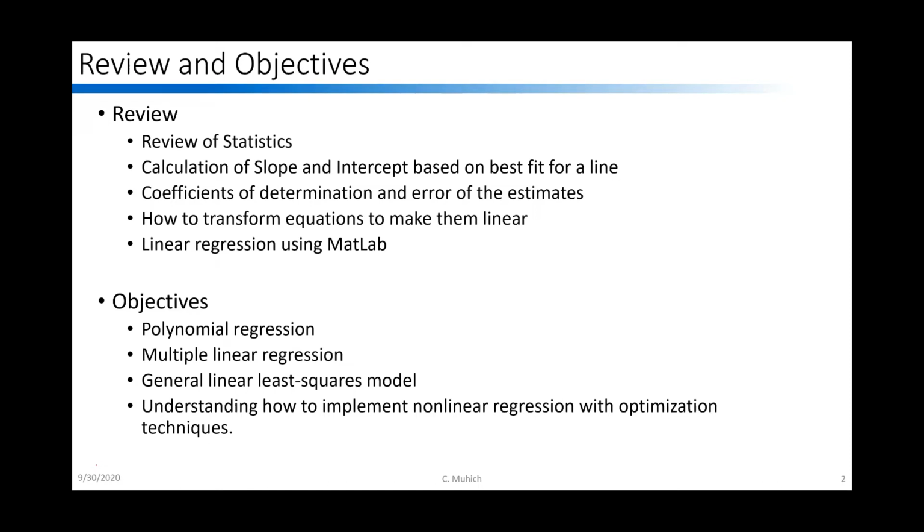Today, I'm going to continue that discussion talking about polynomial regression rather than just linear regression. Then we'll get into multiple linear regression, general least squares models, and then how we can implement nonlinear regression with optimization techniques.